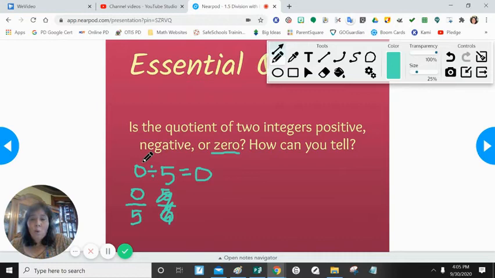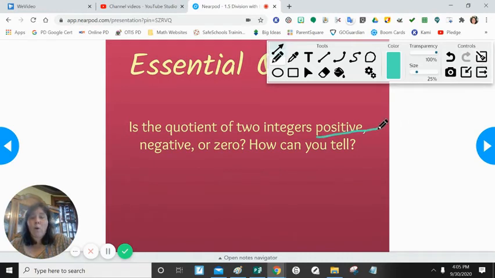Your numerator corresponds to your dividend. Your denominator corresponds to your divisor. So your quotient will be 0 when your dividend is 0. Okay? Your quotient will be 0 when your dividend is 0.